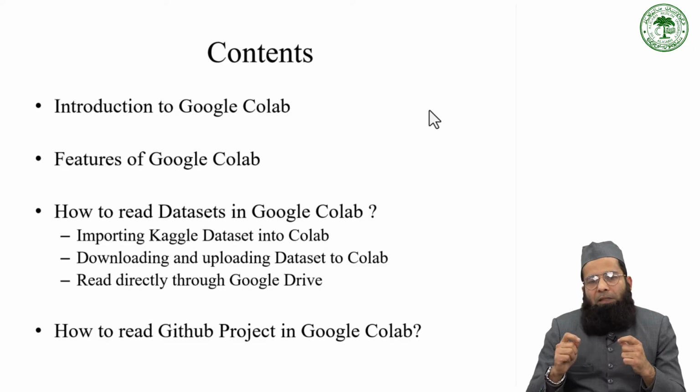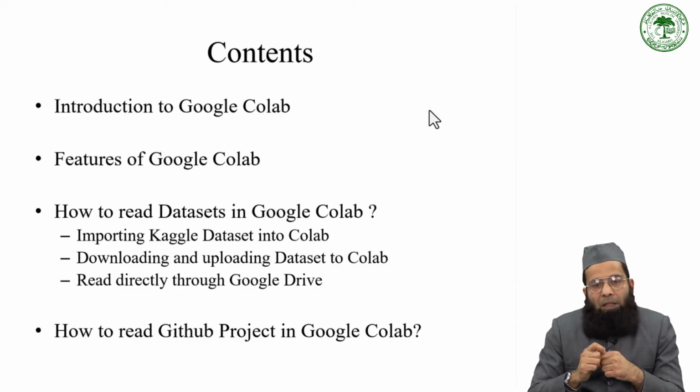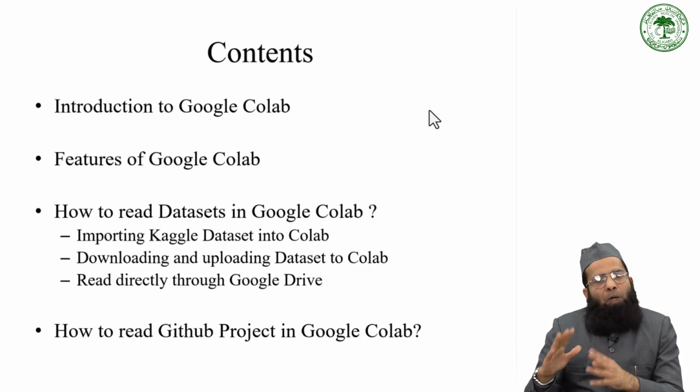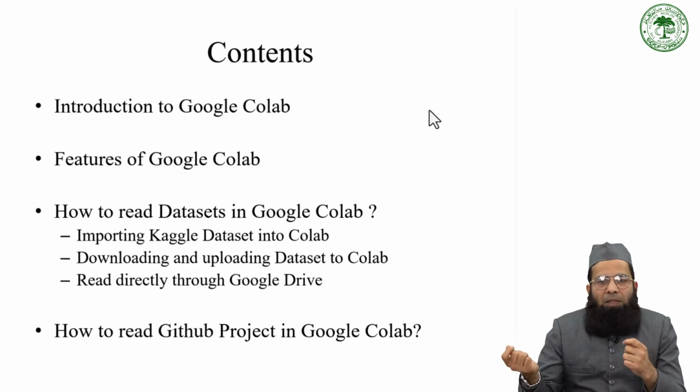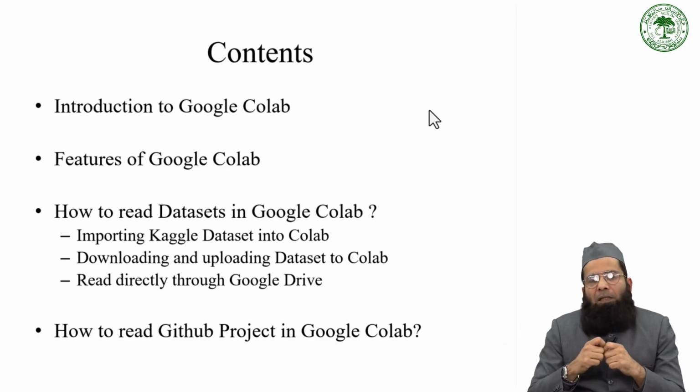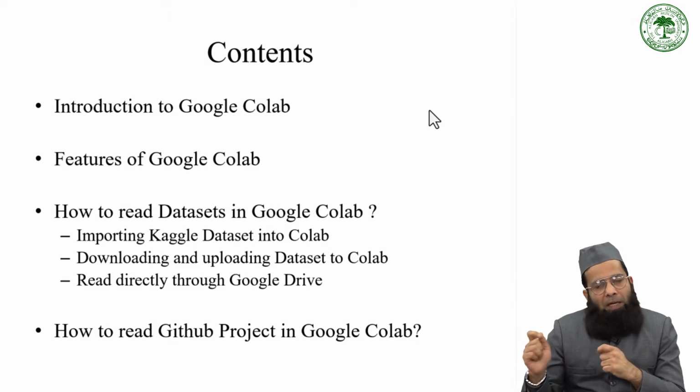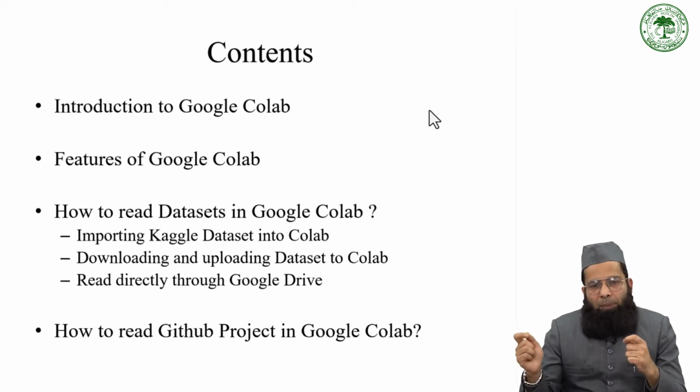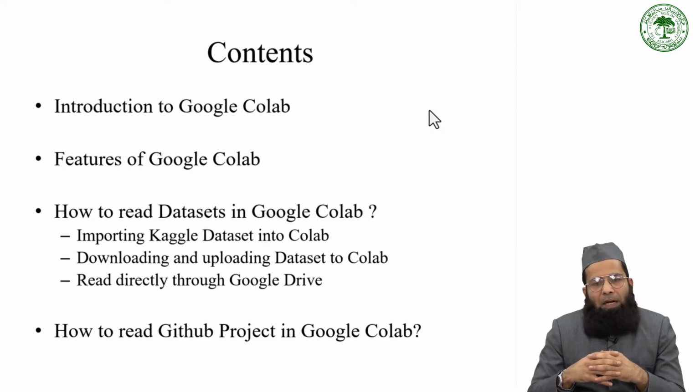And the third one is to read directly through Google Drive. It means first you need to download the dataset and upload it to Google Drive. Then we can directly interact with Google Drive using Google Colab. In that case, you need to mount your Google Drive.